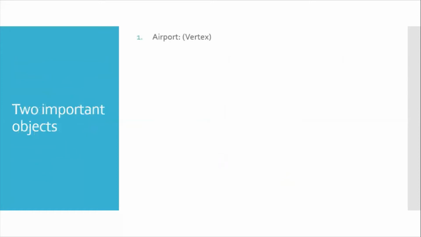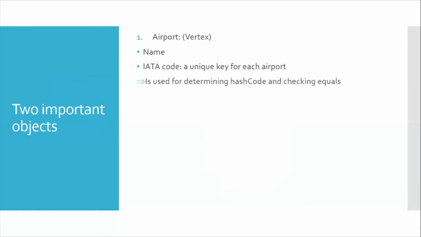There are two main important objects in the application. The first one is the airport class, a vertex, and it contains these attributes: the name of the airport, and the IATA code, a unique key for each airport to identify it. This code will be used to determine the hash code and check equals.